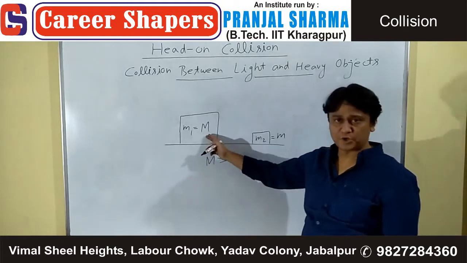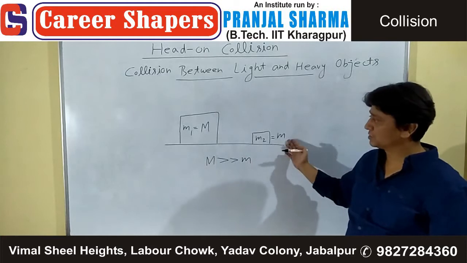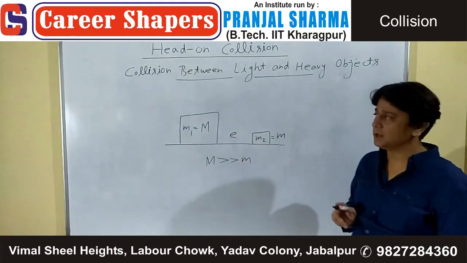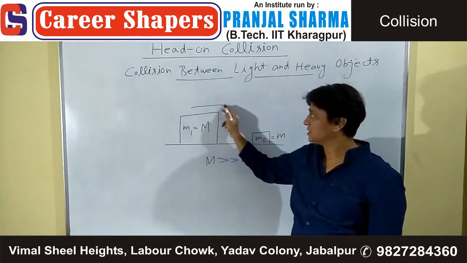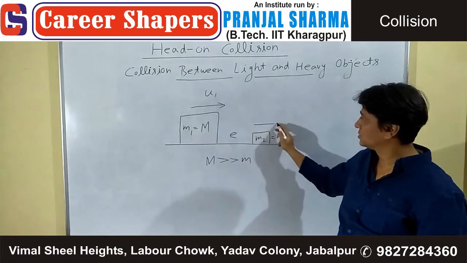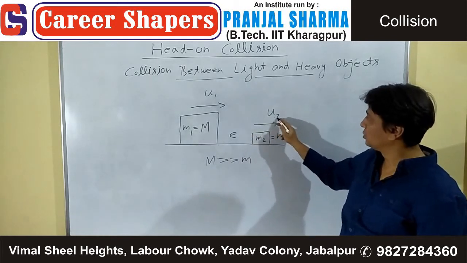It's a very heavy object as compared to this. And the coefficient of restitution is E. It's moving in this direction with U1. It's moving in this direction with U2.